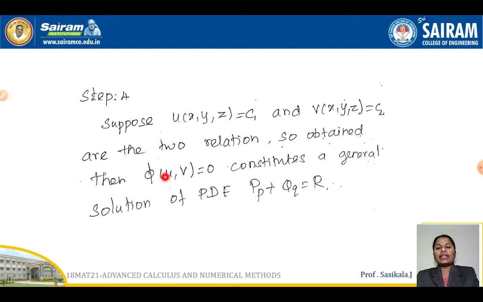Then phi of u comma v is equal to 0 is the general solution of Pp plus Qq is equal to R.